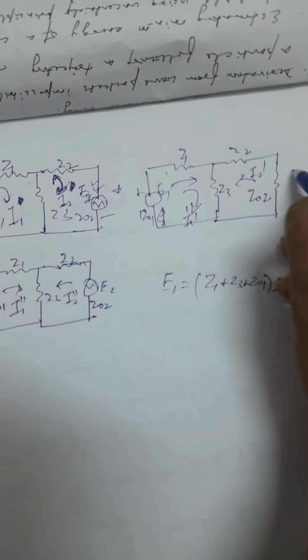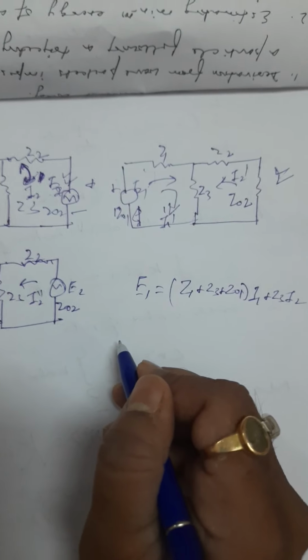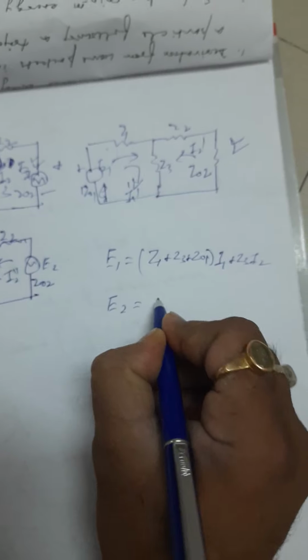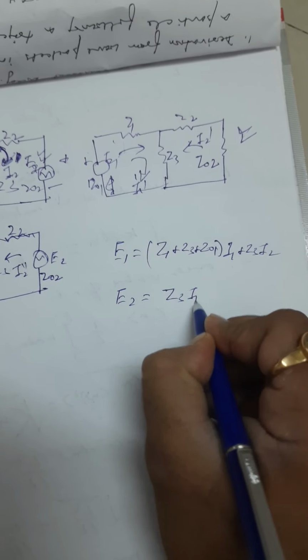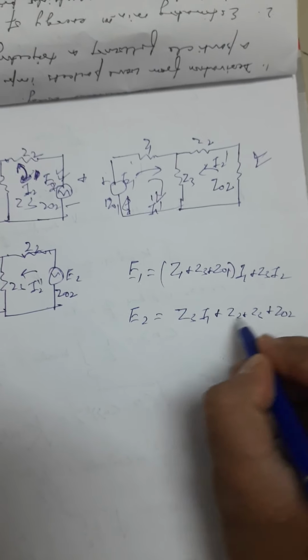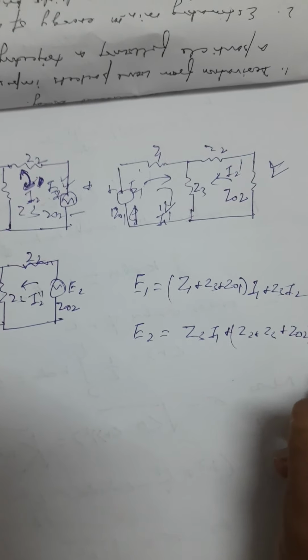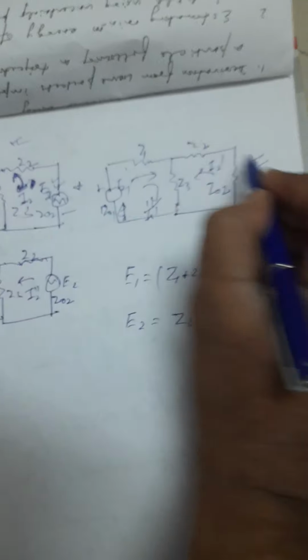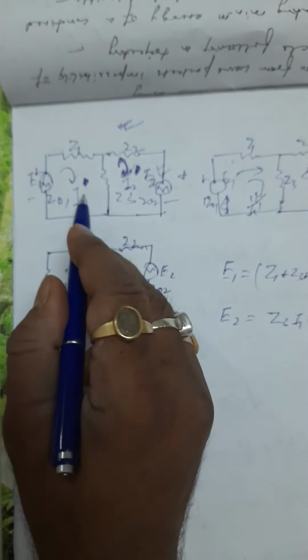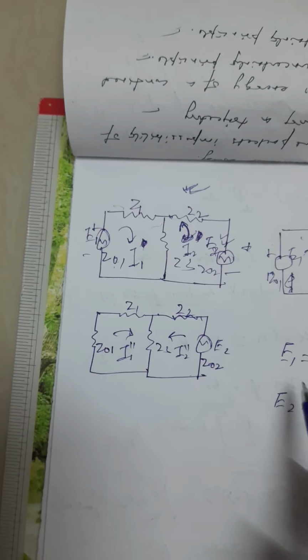Here we have taken this particular mesh. Then E2 equals Z3 I1 plus (Z2 plus Z3 plus Z02) into I2. We have taken the first mesh, this one, so we'll take I1, I2.